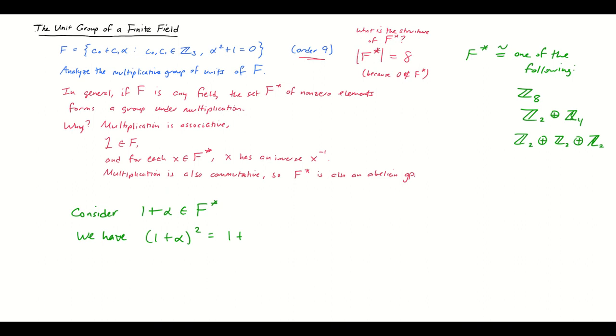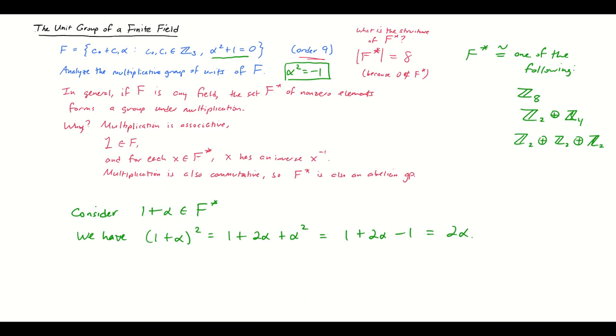Well, that's going to be 1 plus 2 alpha plus alpha squared. Alpha squared plus 1 is equal to 0, so alpha squared is -1. Let's just have that up here for whenever we need it. So this is the same as 1 plus 2 alpha plus -1. That's 2 alpha. Okay, great. So (1 plus alpha) squared is not 1, it is 2 alpha.